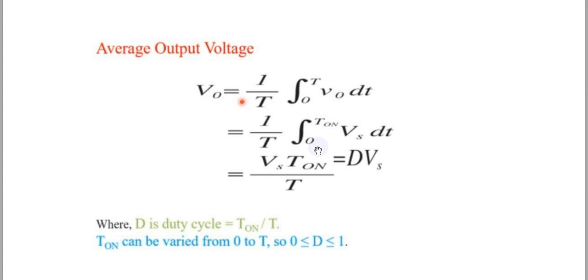If we integrate it, we get Vs times T on by T. This ratio, T on by T, is known as the duty cycle. T on can be varied from 0 to T, and this duty cycle always varies from 0 to 1.